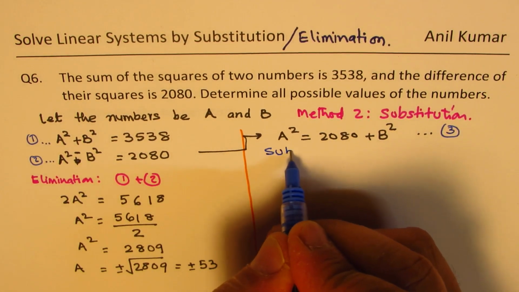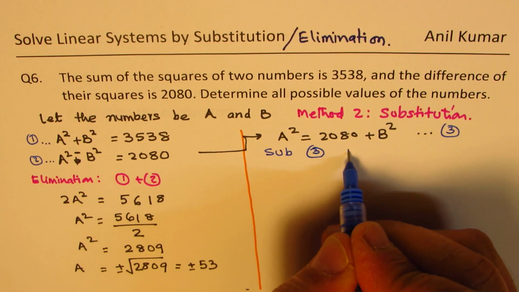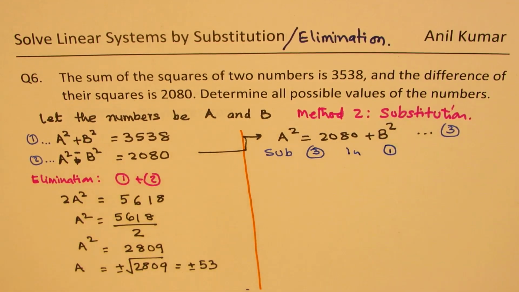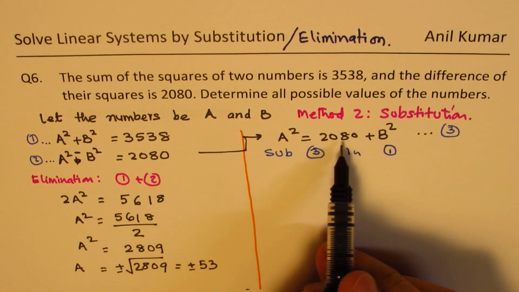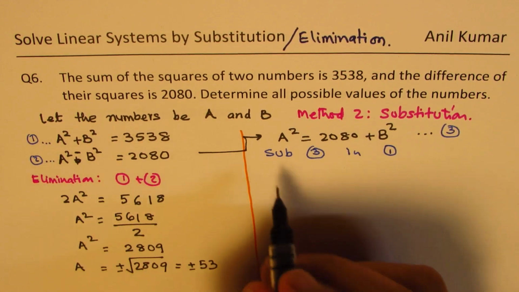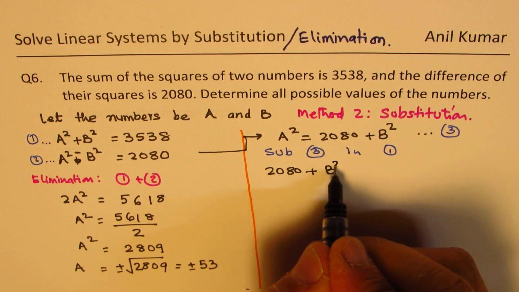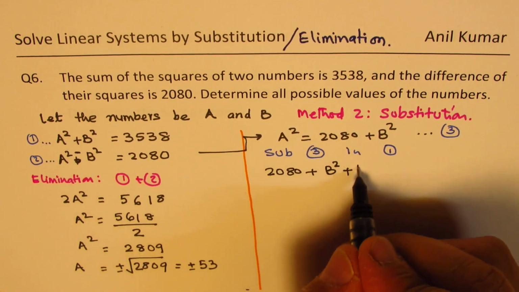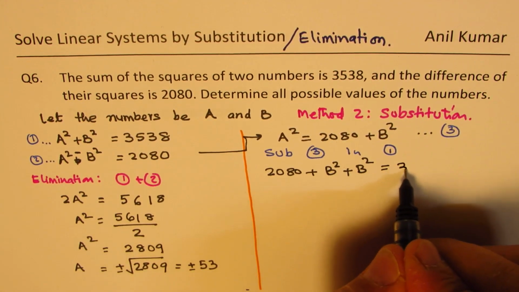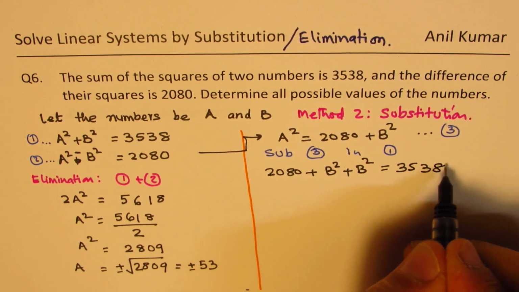Now we'll substitute equation number 3 in our equation number 1. So A square is 2080 plus B square, which I'm going to write here. So we get 2080 plus B square. We already have B square here, equals to 3538.